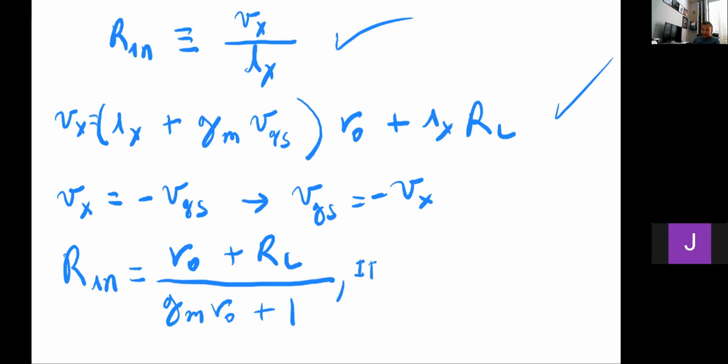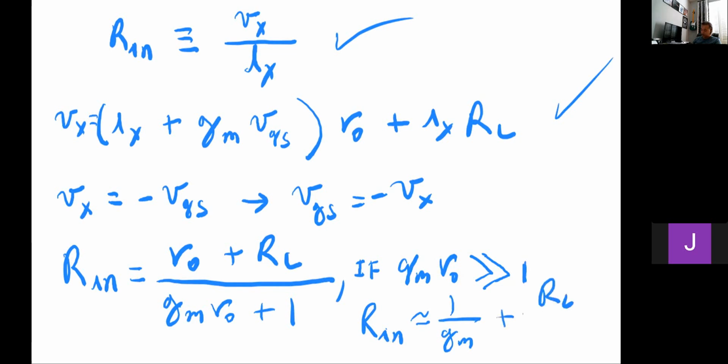If gm for the common gate transistor times the output resistance of that transistor is much greater than 1, then my input resistance can be approximated by 1 over gm plus the load resistance divided by gm times ro.